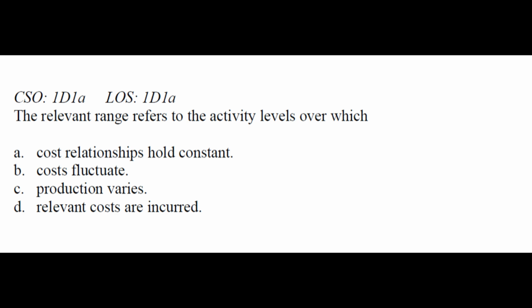B. Costs fluctuate. Incorrect. Costs may fluctuate, but this does not define the relevant range. The concept focuses on the consistency of cost behavior assumptions. C. Production varies. Incorrect.